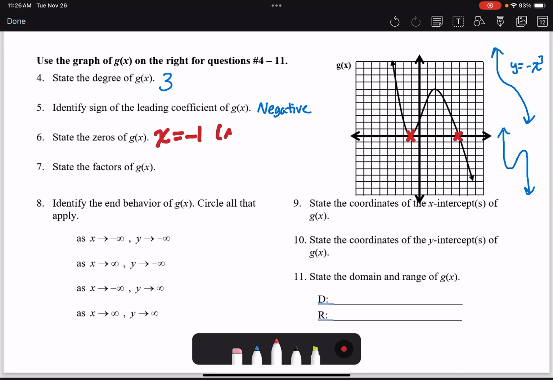That's going to have a multiplicity of 2. Again, we touch the x-axis, we don't cross it. That is a multiplicity that is even, and this is a cubic, so I believe it's a multiplicity of 2. The other zero is x is equal to 5, and that has a multiplicity of 1, which we don't generally state.